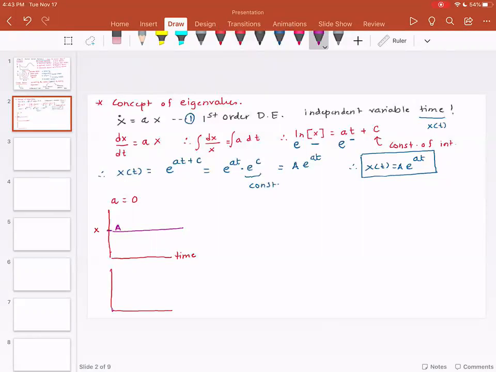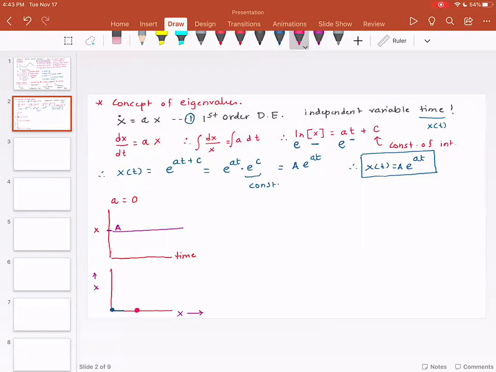Now next thing is I want to look at x and x dot. Please note if x is equal to A, x dot is going to be 0. So if I were to draw this on the phase plane, it's going to look something like this, because as time goes on, it's just going to be a single spot at A. So if A is 0, it would be here.